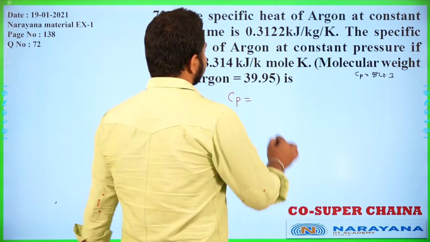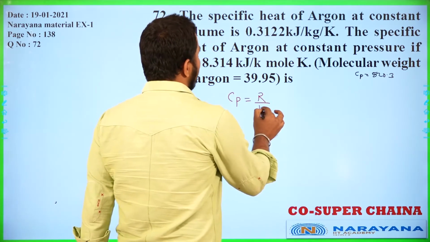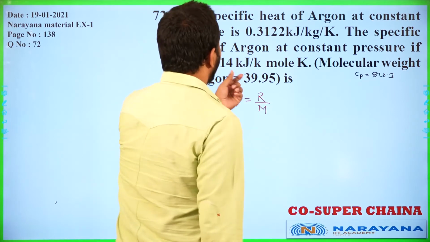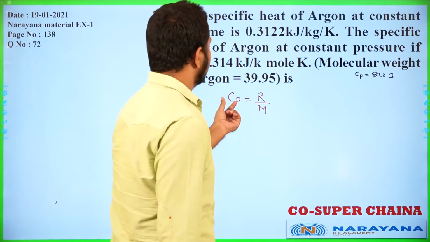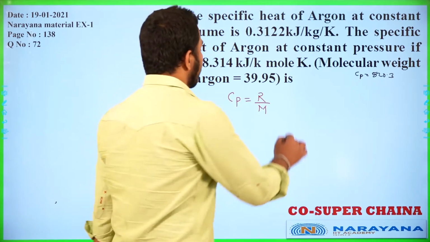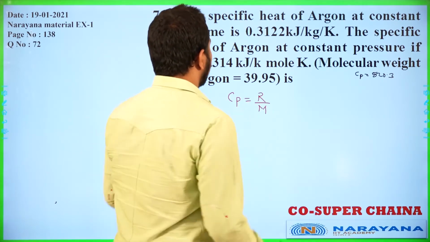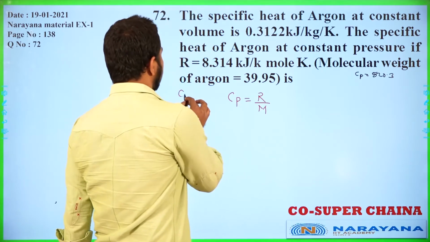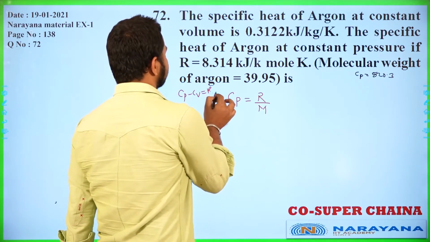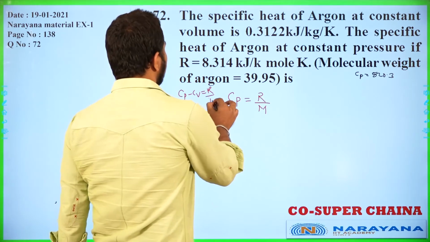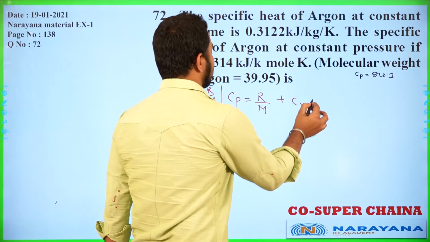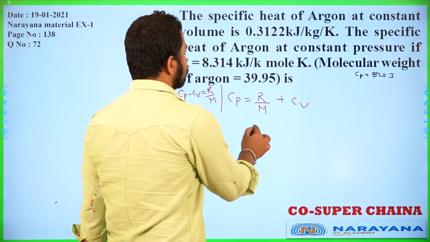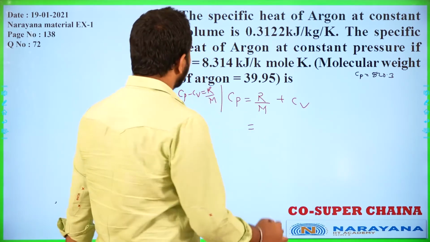Cp minus Cv is equal to R by M, where M is the molecular weight. So here we are calculating Cp, so it will be plus Cv. So just substitute the values here, student. If you substitute the values, what will you get?